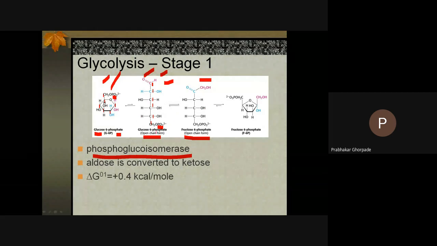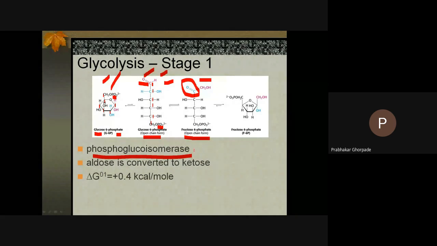Glucose 6-phosphate and fructose 6-phosphate have the same number of carbons, but the arrangement is changing. Here we can see an aldehyde group was present, CHO, so that is why we call this a glucose. And here instead of aldehyde, a keto group is present. So CH2OH is there, and this keto group is there. That is why we call it fructose 6-phosphate.